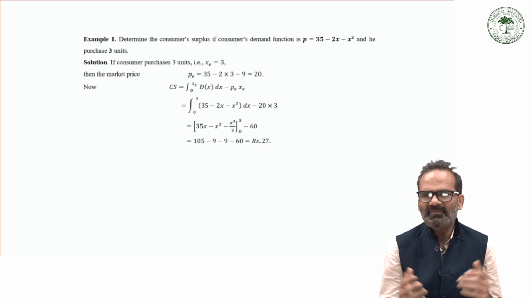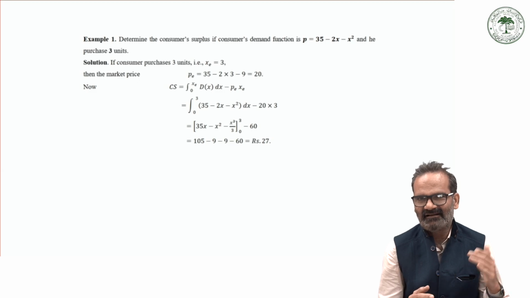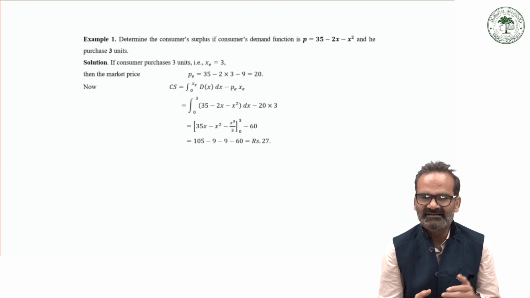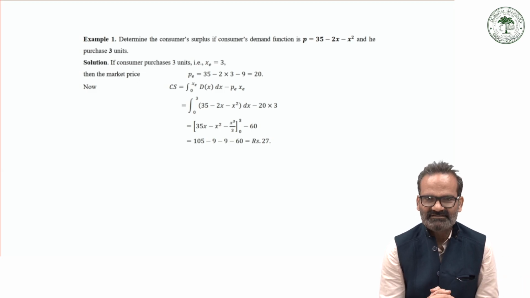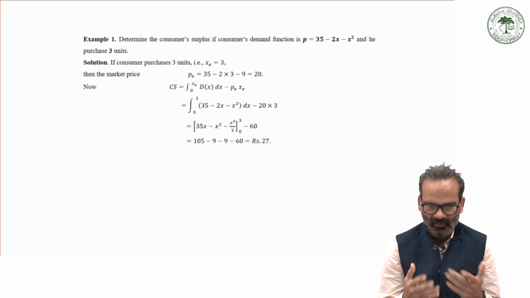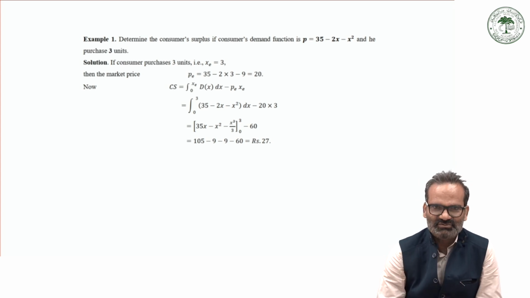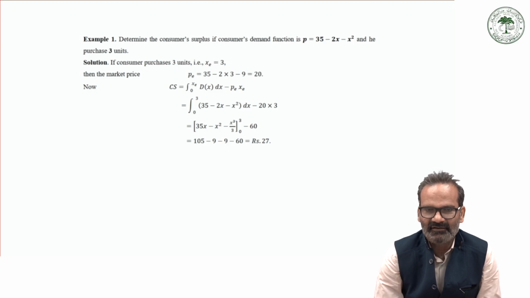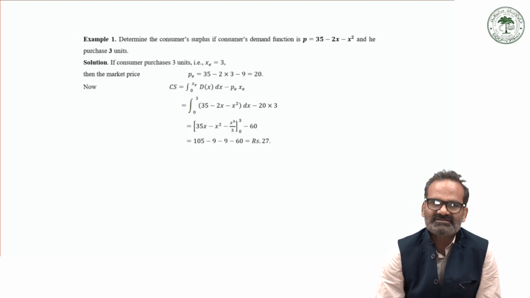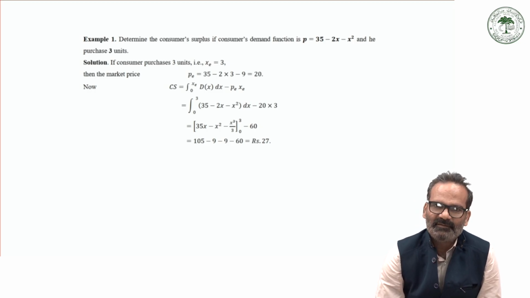We studied a number of conditions in the last session as well as in this session to maximize the profit. Among all those conditions, the most favored condition in this situation is marginal revenue equals marginal cost, then the profit is maximum.